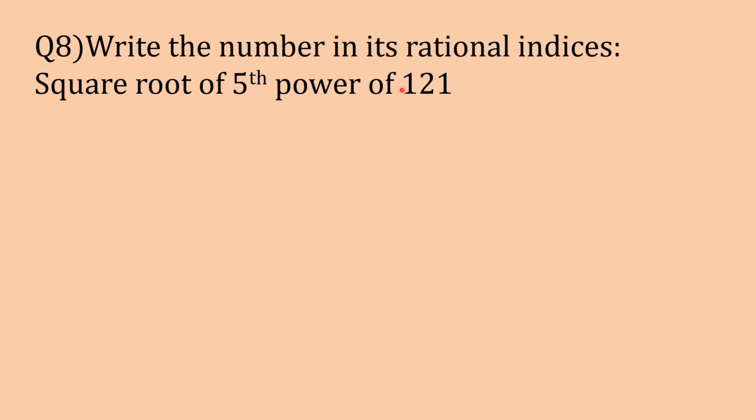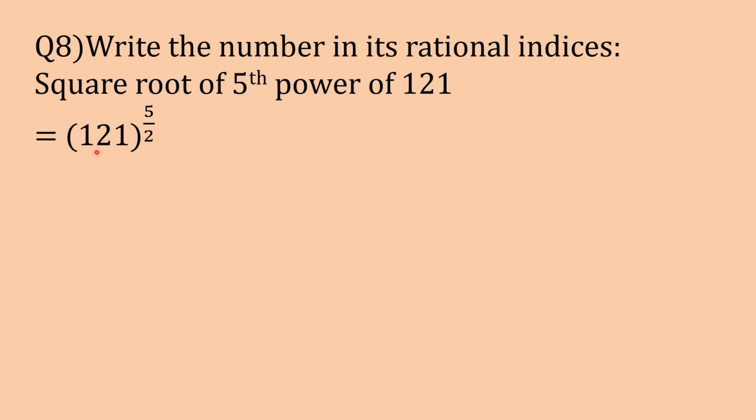So you know the base is what? 121. So our base is 121 and the power, numerator goes to power, so raised to numerator upon denominator, that will become 5 upon 2. So you will get 121 raised to 5 upon 2, because when you write index in fraction form, numerator is considered as power and the denominator is considered as root.